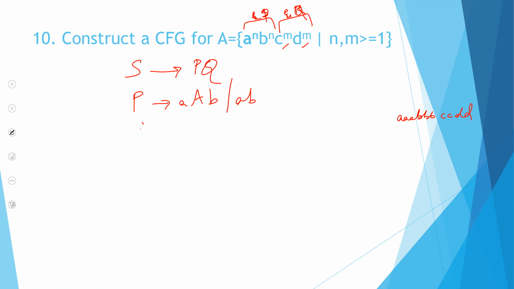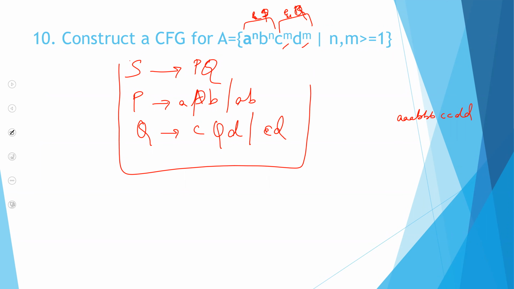C raised to M, D raised to M, that is my Q part. Whenever you have a C, you should have a D, and then you end up with your C. That's it. Let's try doing it. Triple A, triple D. Okay. So S is nothing but P and Q. P is what?